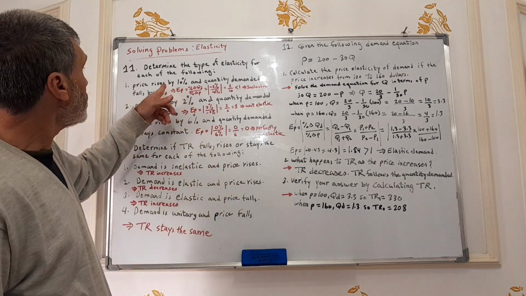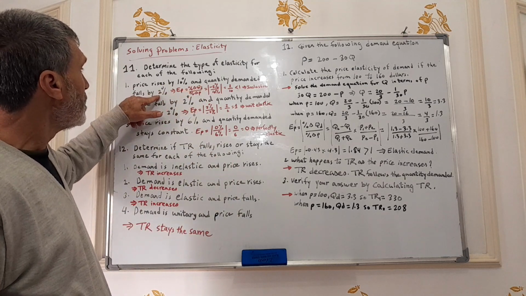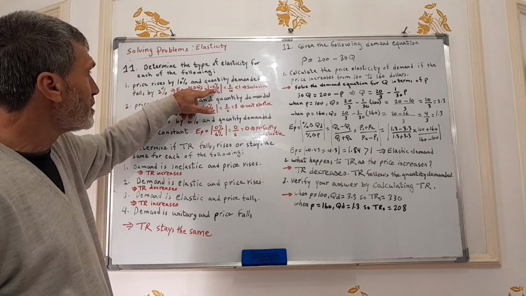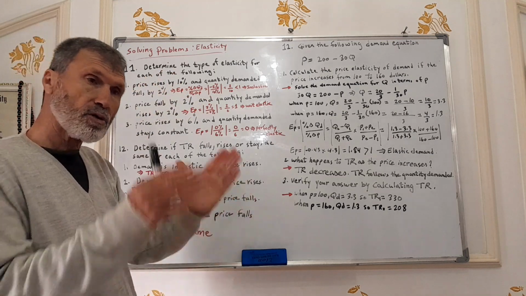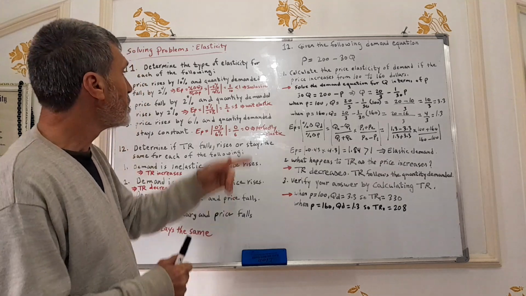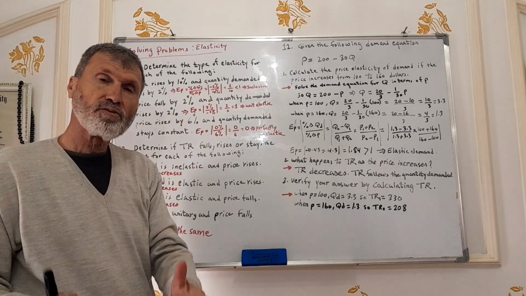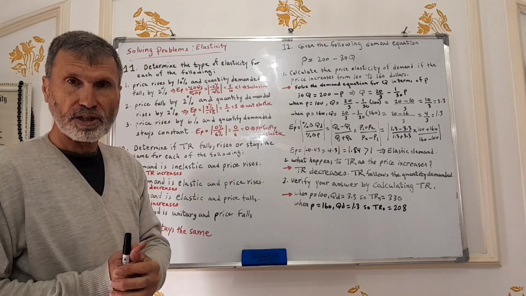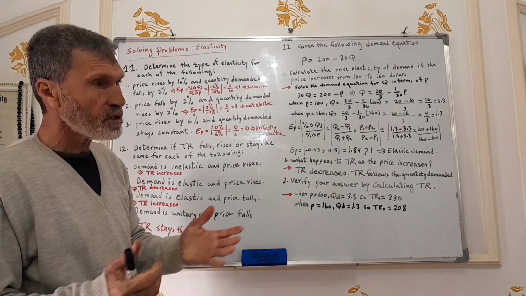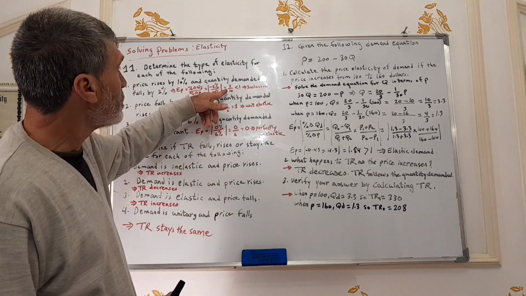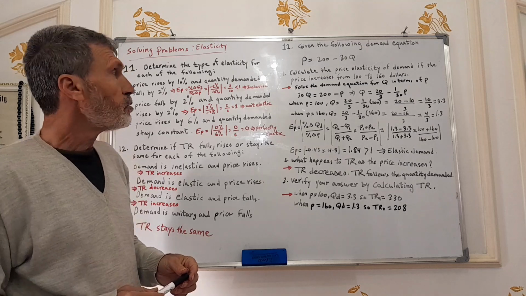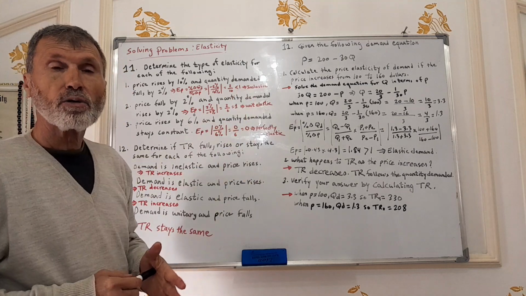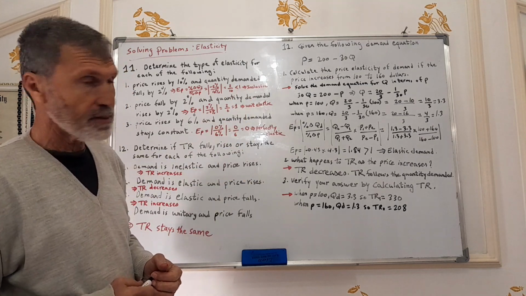So the percentage change in the quantity demanded is minus 2%, okay? And the percentage change in the price is 10%. So we just substitute the values and make sure to take the absolute value because eventually we're going to have a positive value, okay? Or 0. So when we do that, we come up with 2 over 10, and 2 over 10 is less than 1, which means that we have an inelastic demand.